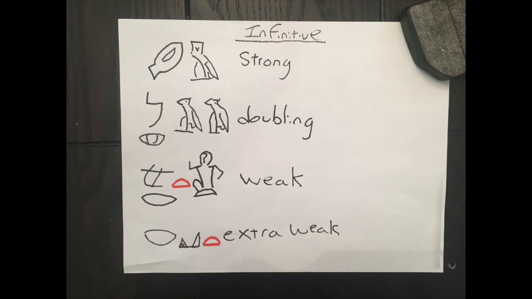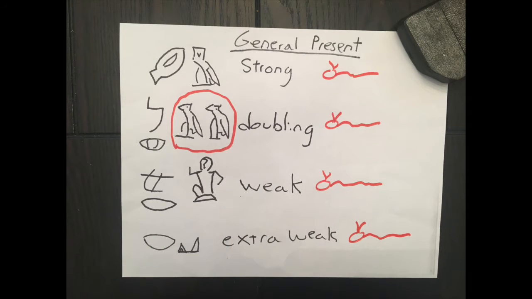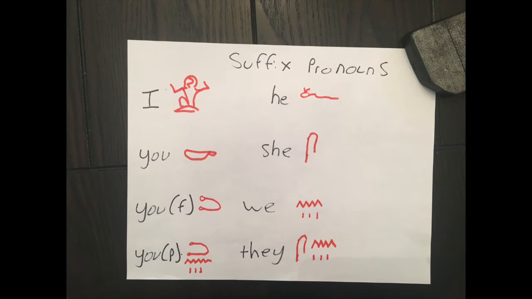All right, so with the infinitive, the extra T is only added, as I said, to weak and extra weak verbs. You would then use context to figure out doubling and strong. With general present, doubling verbs double, but then you'll also add a pronoun, like he in this example.